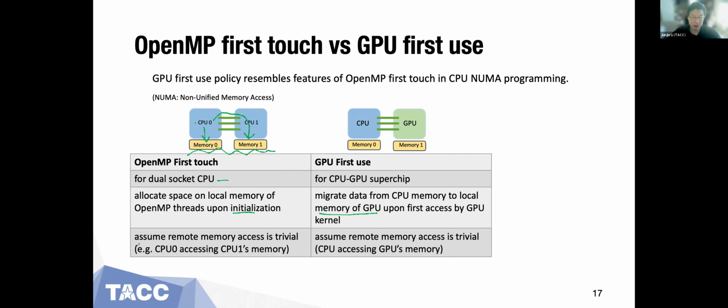And in OpenMP first touch, we also have to make an assumption that the remote memory access is relatively trivial, because you're going to have some cross-socket communication for every code. For example, CPU 0 accesses CPU 1's memory. And in GPU first use, we make basically a similar assumption. We assume remote memory access is trivial, but the remote memory access is defined slightly differently. It's going to be CPU accessing GPU's memory. And OpenMP first touch is very successful in multi-socket programming. It's simple, easy to use, easy to implement. And I think GPU first use belongs in the same boat.